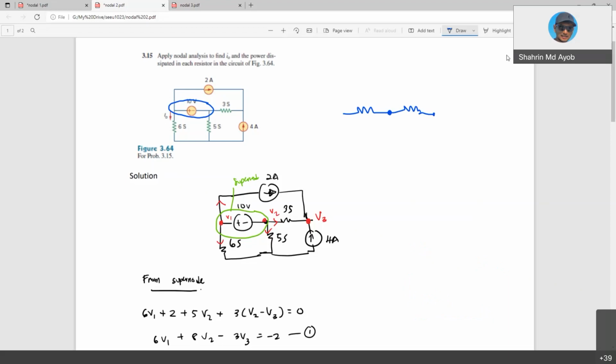The way the circuit is drawn may confuse you, but as you can see, this one is 10 and this one is 5. They are actually parallel. 10 and 5 are actually parallel.